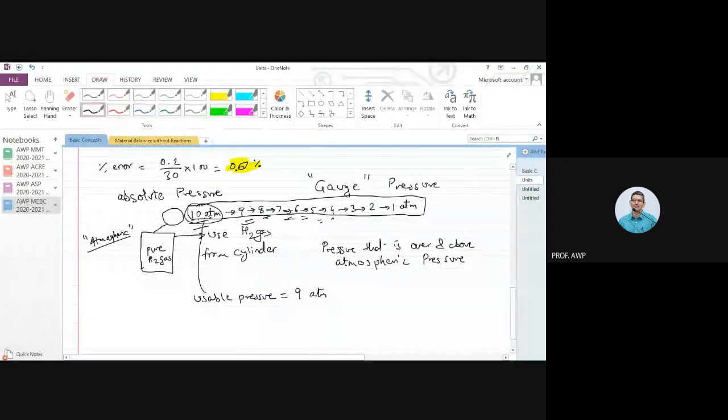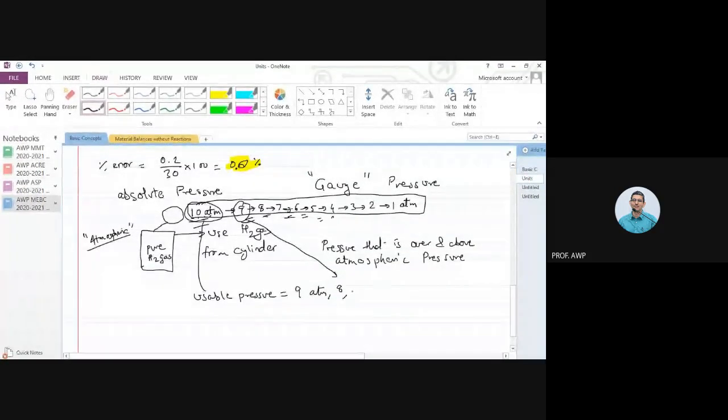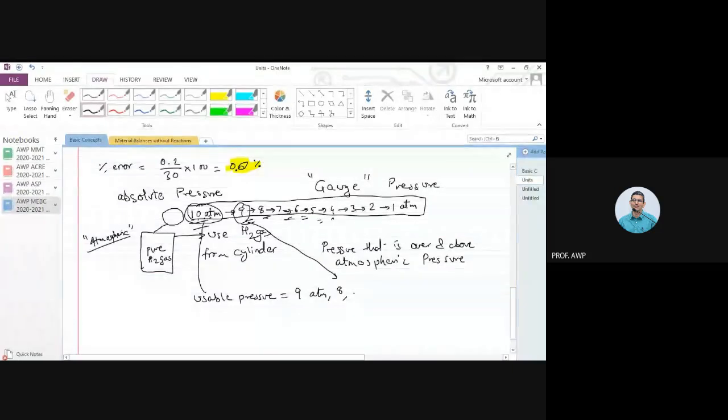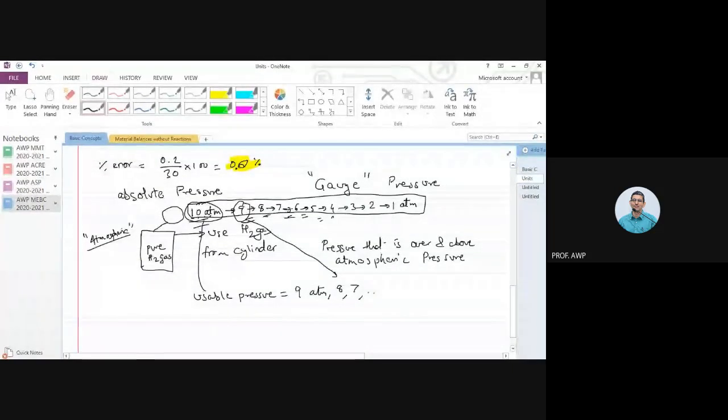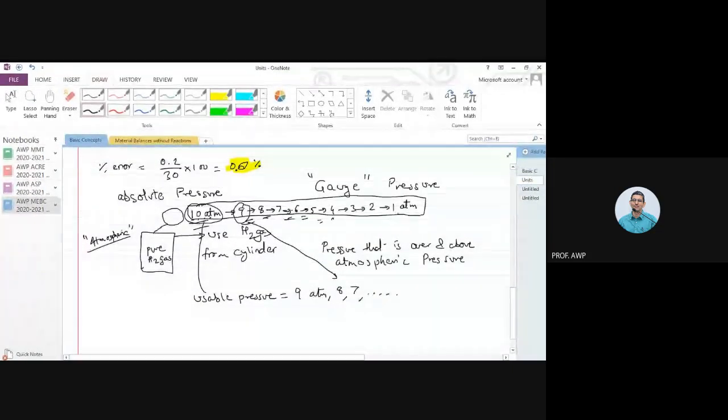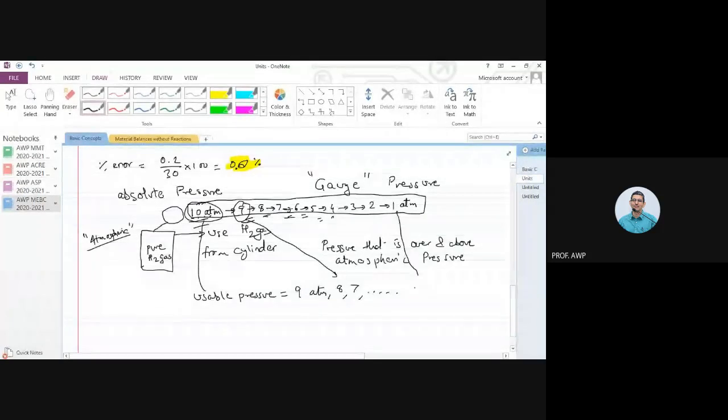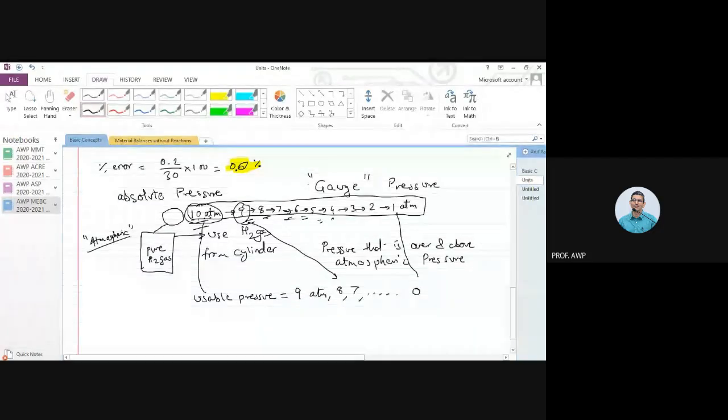When the absolute pressure is 9 atmospheres, the usable pressure is actually 8. When the absolute is 8, the usable is actually 7, and so on. So when the absolute pressure is 1, the usable pressure is actually 0. And that's what we call gauge pressure.